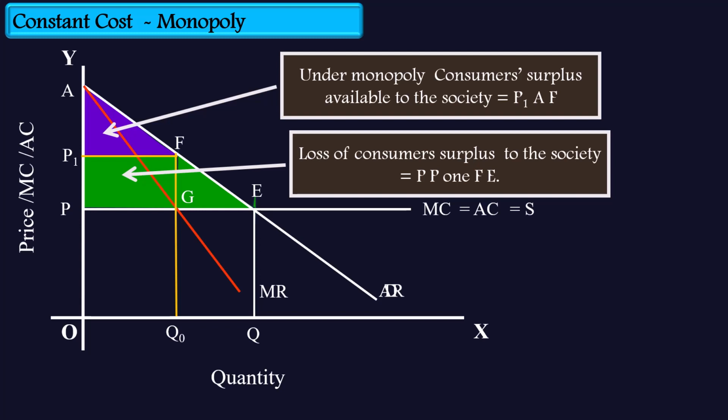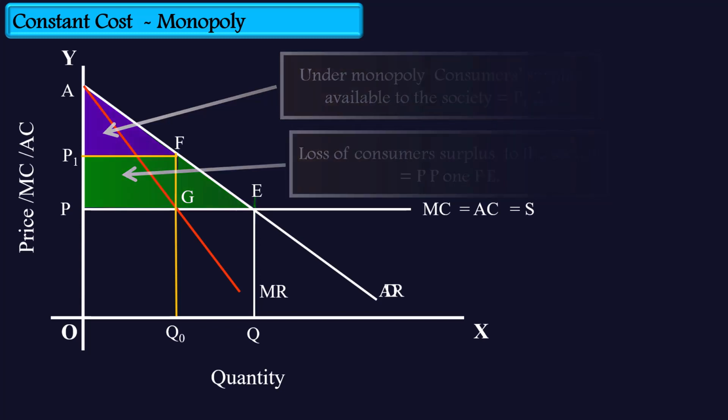But don't jump into the conclusion that total welfare available to the society is only P1AF. Wait, since price is higher than marginal cost in monopoly, producers' surplus is available to the monopolist. Producers are part of the society. While evaluating the total welfare of the society, we have to add this with consumer surplus. How much is producer surplus then?